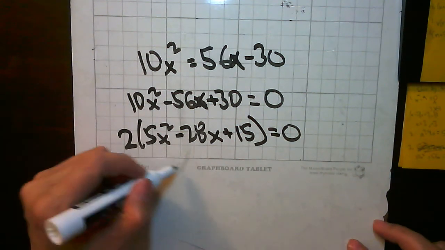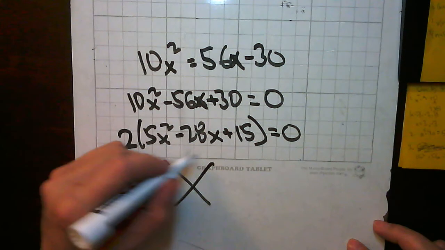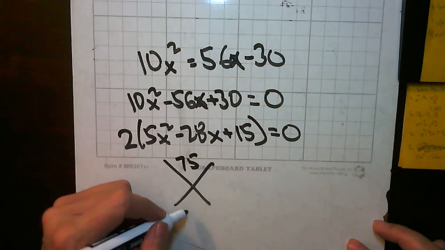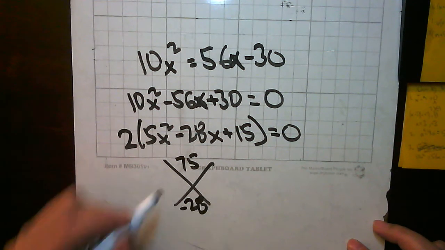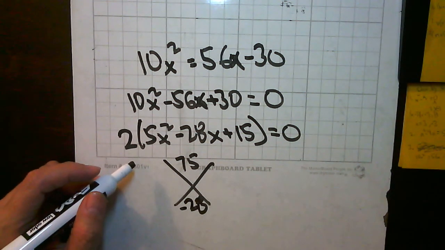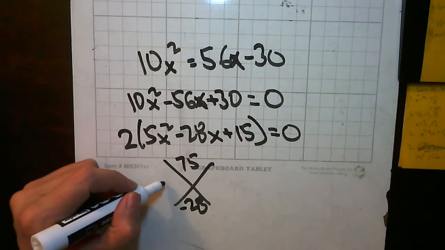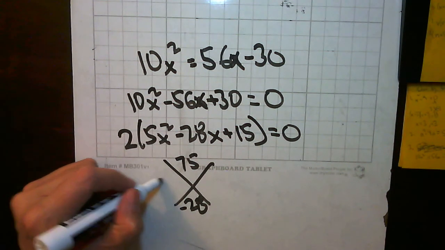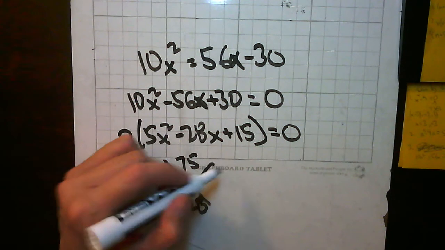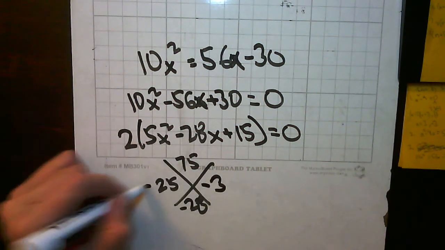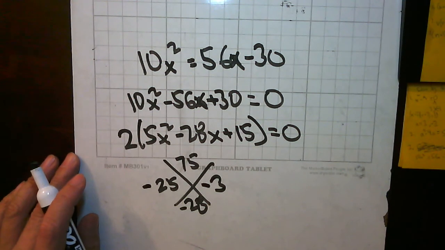Okay, we're going to use the x here. 15 times 5, this is 75. And we got negative 28. So here our factors are 25 and 3. Negative and negative. Okay, then we have to do grouping here.